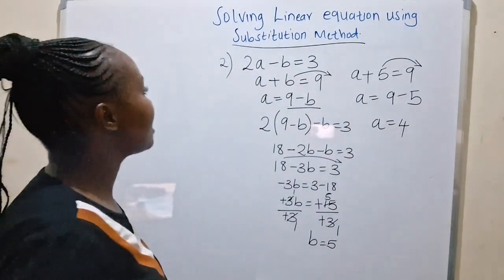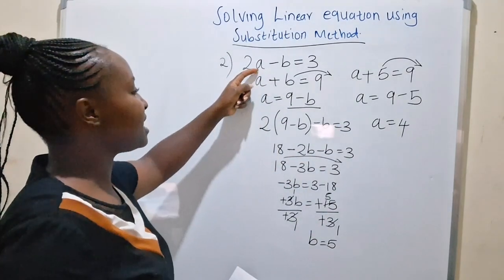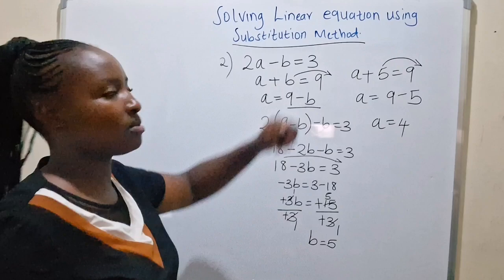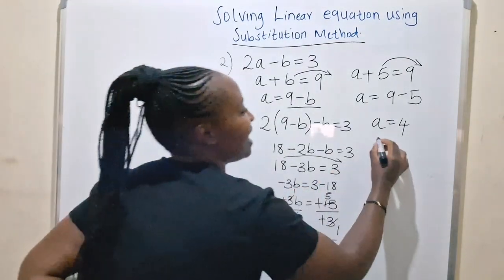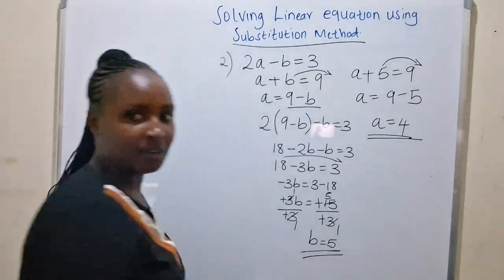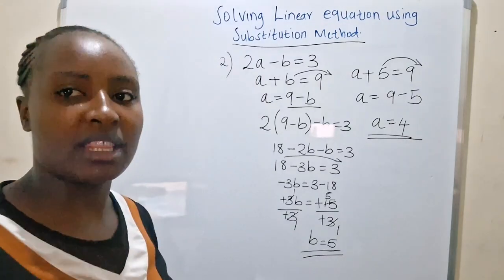You can replace even with this equation here: 2a, which is 8, minus b, which is 5. 8 minus 5 is 3. So in this equation, a is 4 and b is 5. That's our second example. Let's go to a third example.